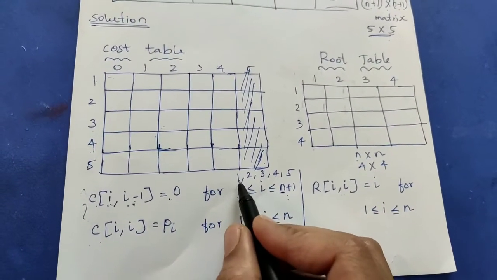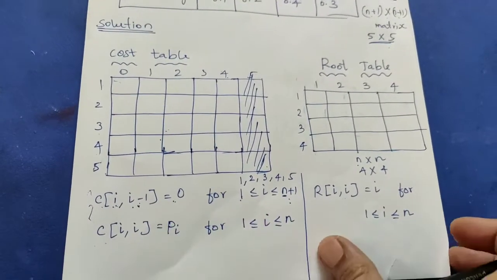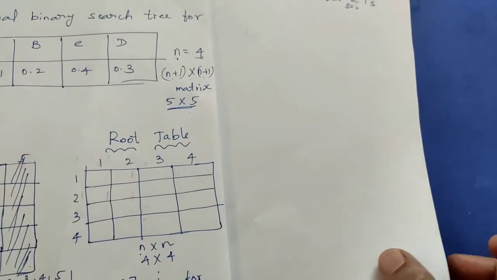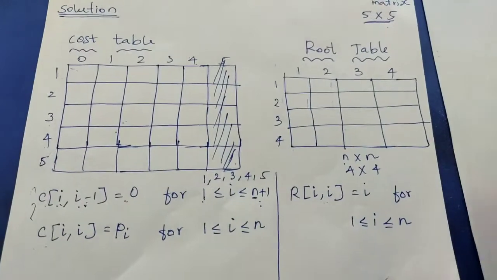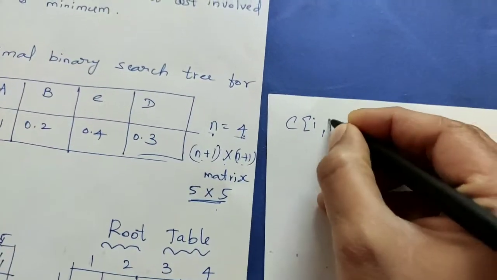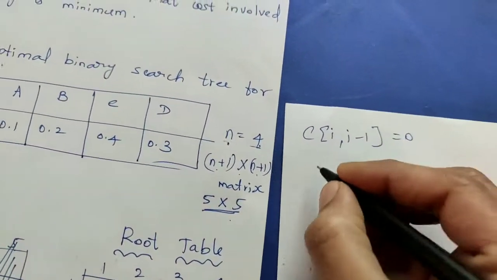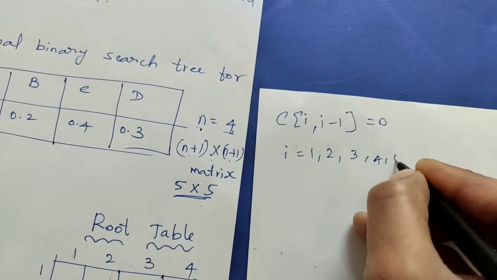So what is the first I value I have? 1. So if I apply here, see the equation is C of I comma I minus 1 should be filled with 0. So I value starts from 1, 2, 3, 4 and 5.